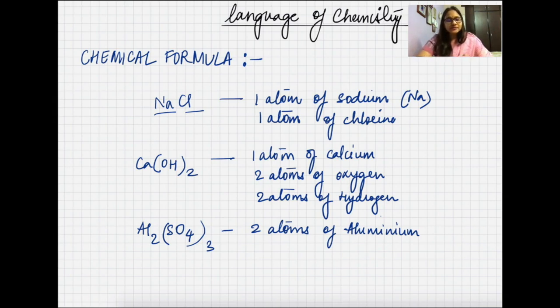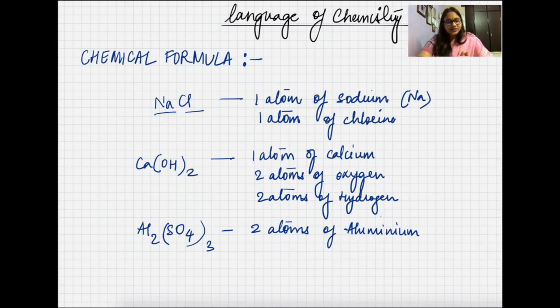So how many atoms of each element? First let's identify how many elements there are. There are 3 elements: aluminium, sulfur, and oxygen. There are 2 atoms of aluminium because at the base of the Al symbol there is the number 2 written. How many atoms of sulfur are present?